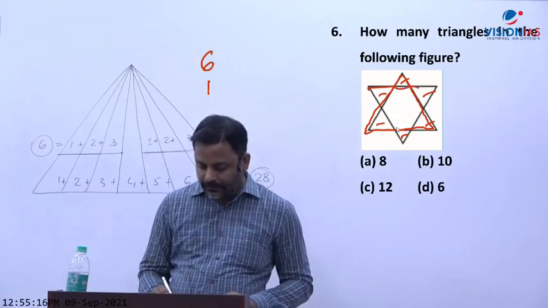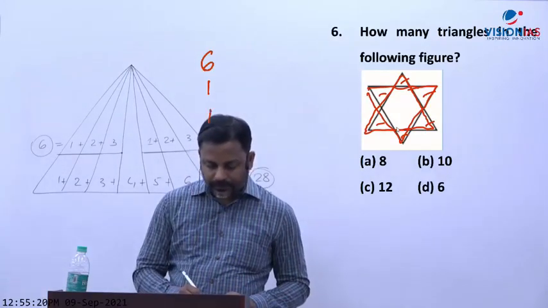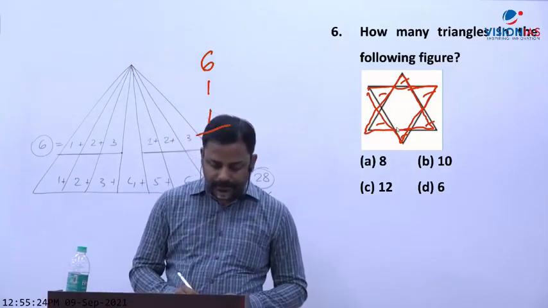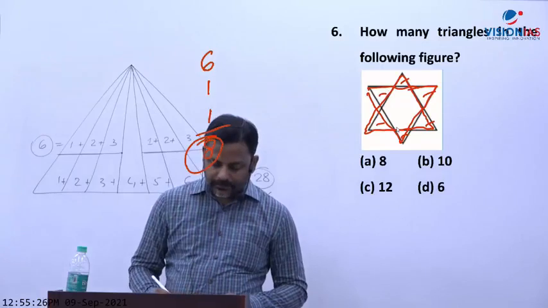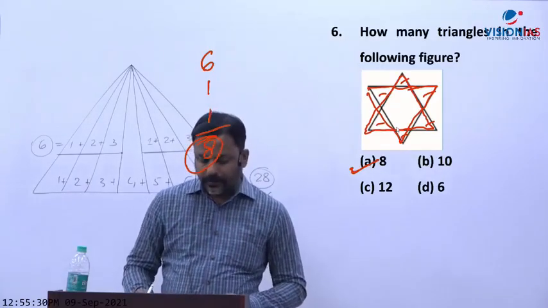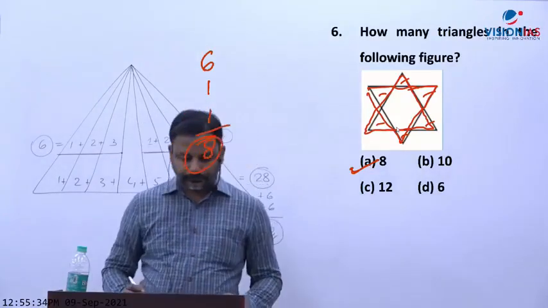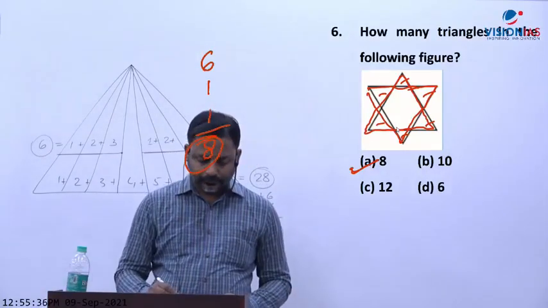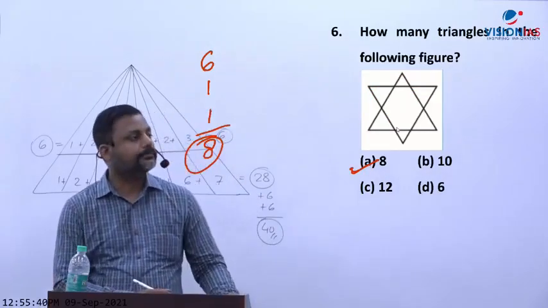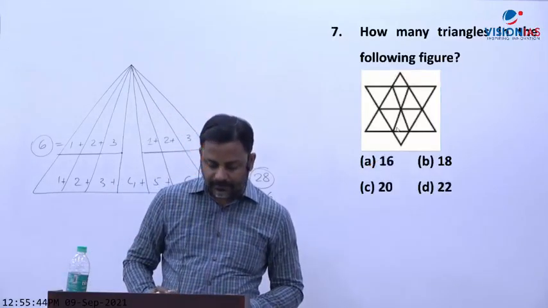And on reverse of it, you can see this one more is there. So how many triangles are there in this figure? Our answer will be only 8 triangles. So 6 smaller and 2 bigger. Yes, 8 triangles are there.